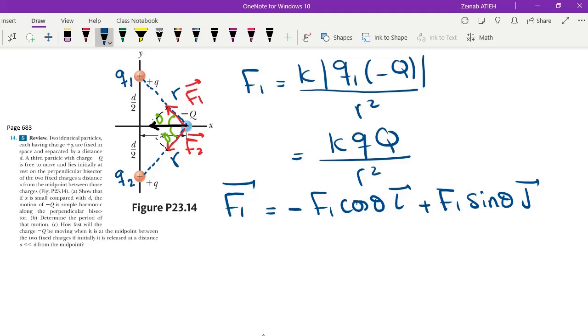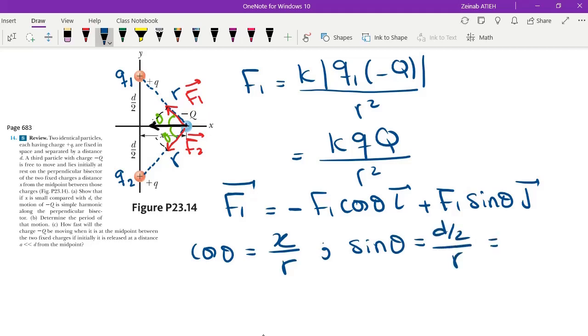Now I try to write cosine theta and sine theta from the triangle. As you can see, cosine theta is equal to adjacent over hypotenuse, so it's x over r. Sine theta is equal to opposite over hypotenuse, so it's d over 2 over r, so it's d over 2r.